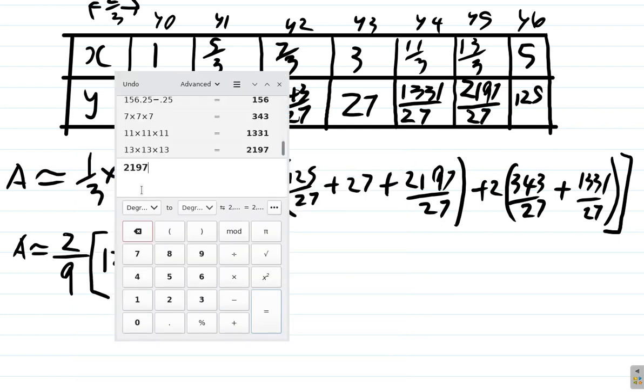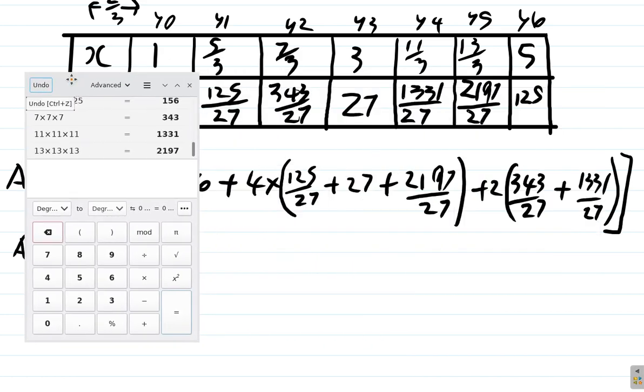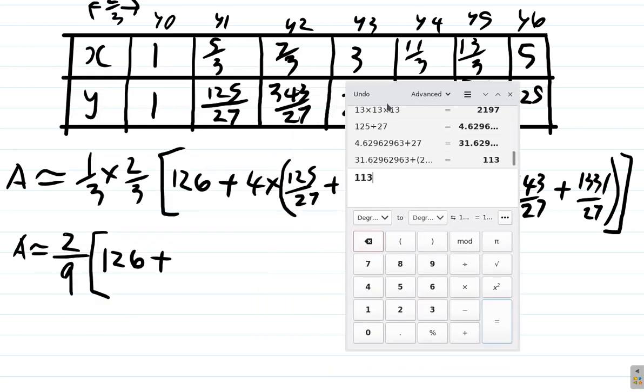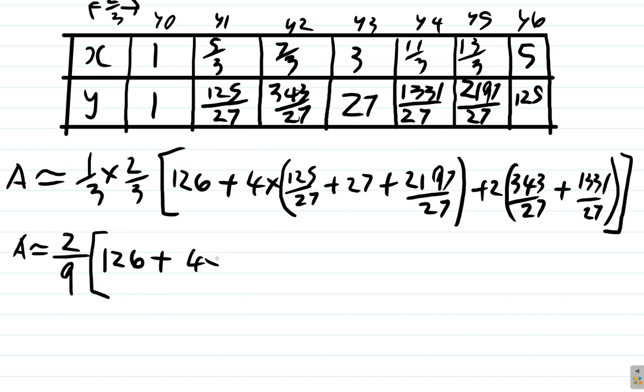So here we have 125 over 27 plus 27 plus, I don't really need to use a bracket, but I'll put it there, 2197 over 27, close bracket, equals 113. So it's 4 by 113. 4 times 113 plus 2 times.